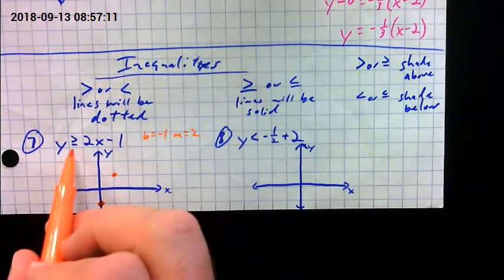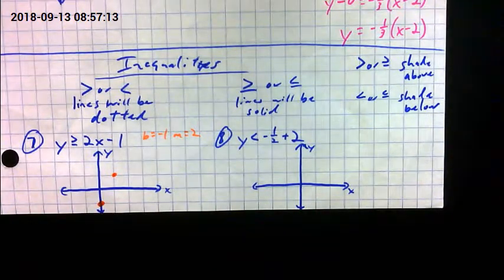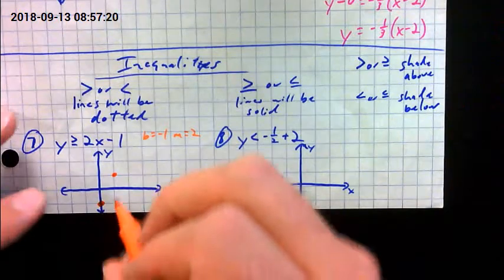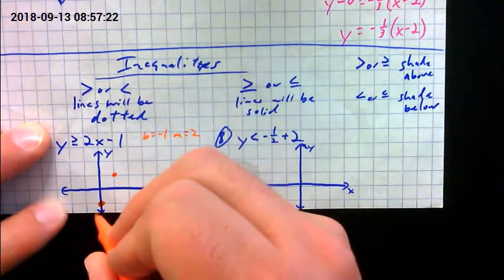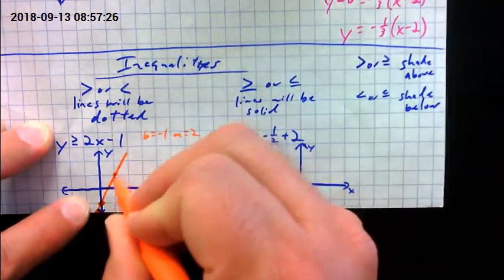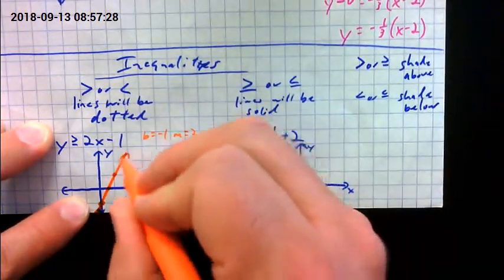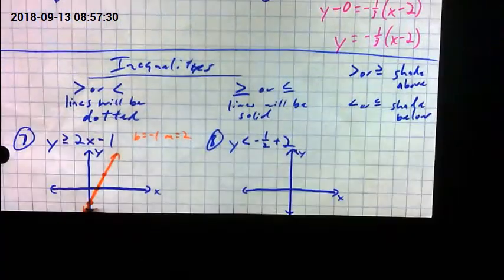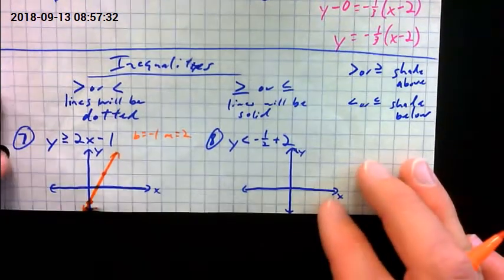And since we have the and equal to here, is it going to be solid or dashed? Solid. If it has the and equal to, that means the line is included, and it's going to be solid. Just like when we have the and equal to, we have a closed circle, here we represent it as a solid line.